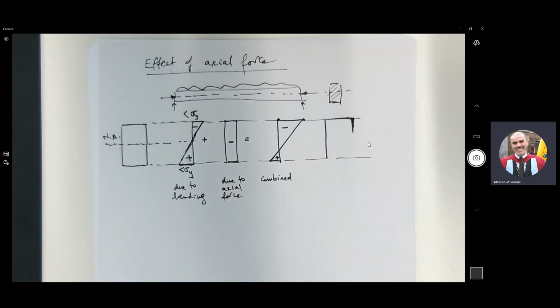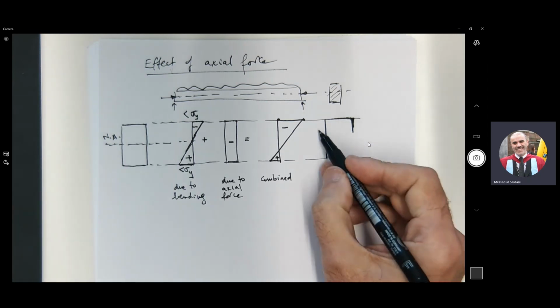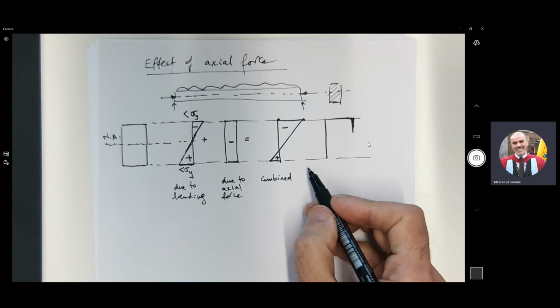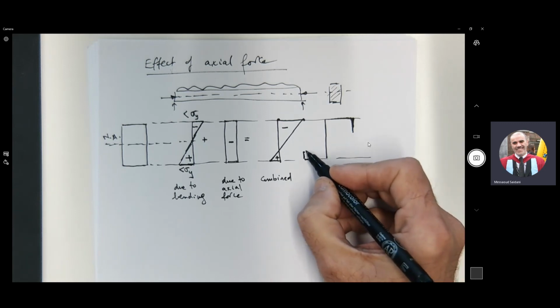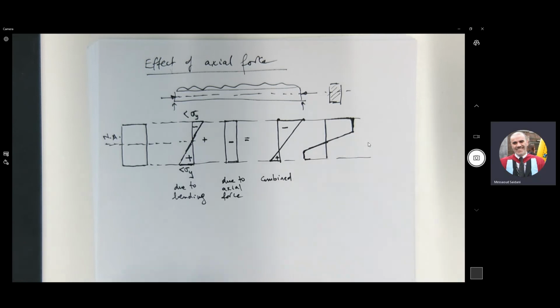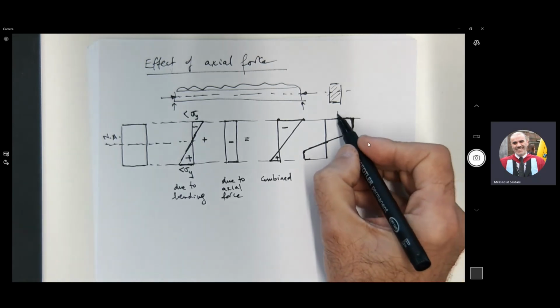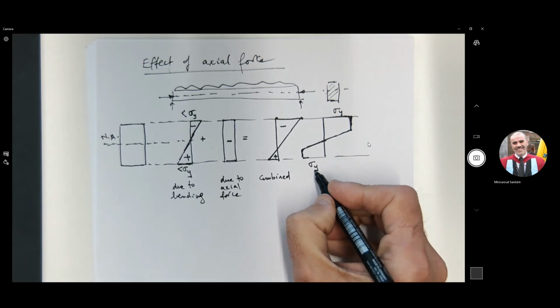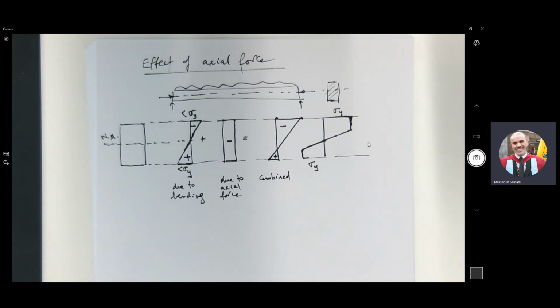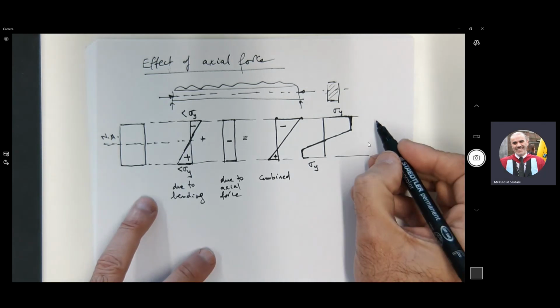I'm jumping the stages, I don't want too many stages. So are we going to have more yielding at the top than bottom, you agree? Yes. Okay, so we might have something like this. All right, what happened then if we ultimately get to the end? Do you agree we get this?